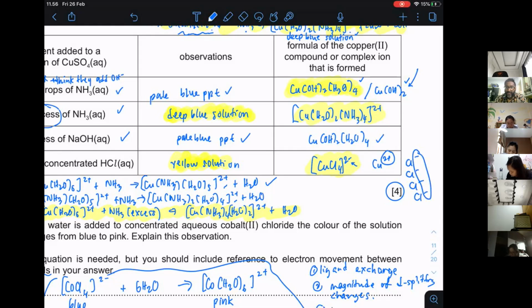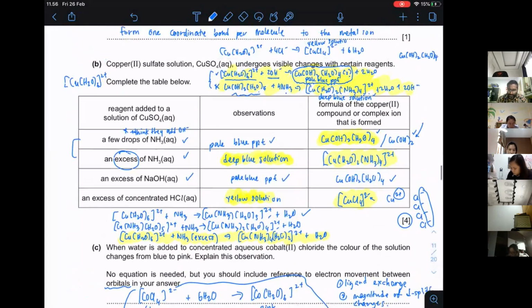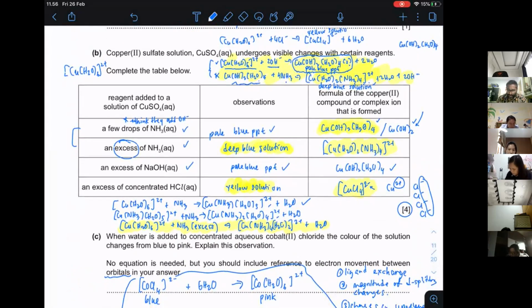That's the charge. I want you to really look into this, because I have written for you all the reactions involving copper ions. Even here the full equation I have written for you. You can have a look.